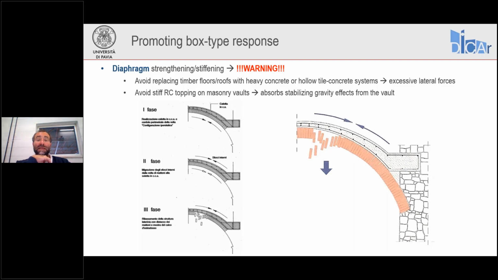Because the masonry initially, in its pristine conditions, resists gravity forces. When we add our concrete topping, if it is too stiff, it will attract forces because it is stiffer than the masonry vault. So it will unload the masonry vault.